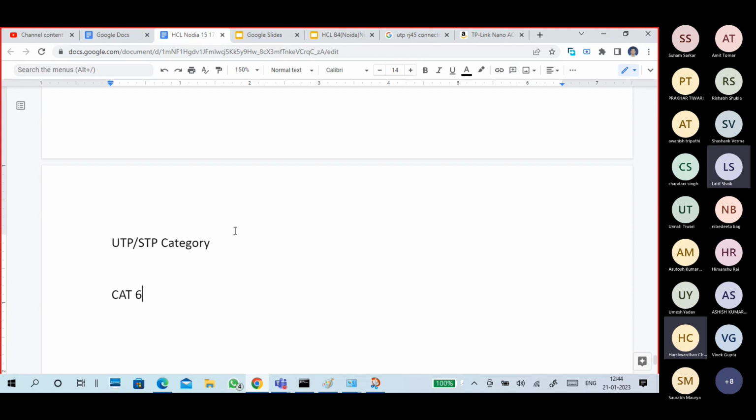I am sure it is 1 Gbps, but different places give different information, so we are not sure about it. Cat 5E has a 500 to 600 Mbps data transmission speed.